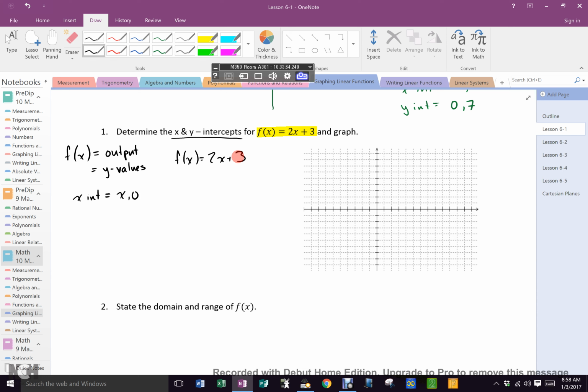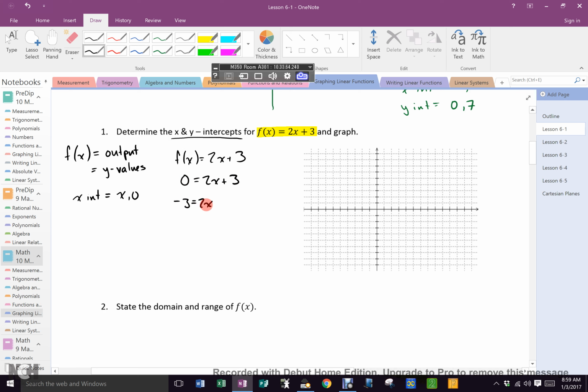So what can I sub into this equation? Can I put something in for x, or can I put something in for f of x? For f of x. And what can I put in for f of x? 0. So I have 0 equals 2x plus 3, don't I? Do I have an x yet? Do I know how to do algebra? How do I solve that? Minus 3 from both sides. Negative 3 equals 2x.